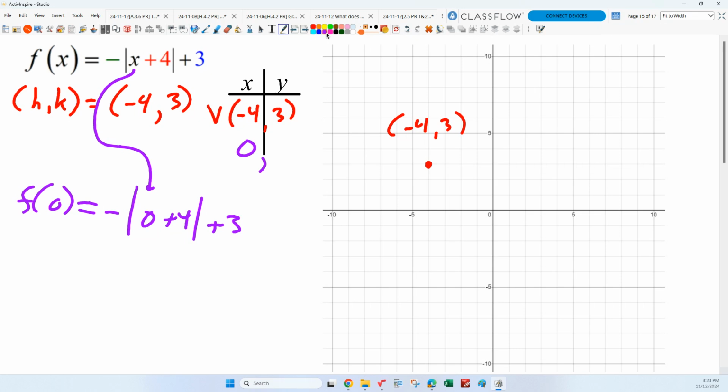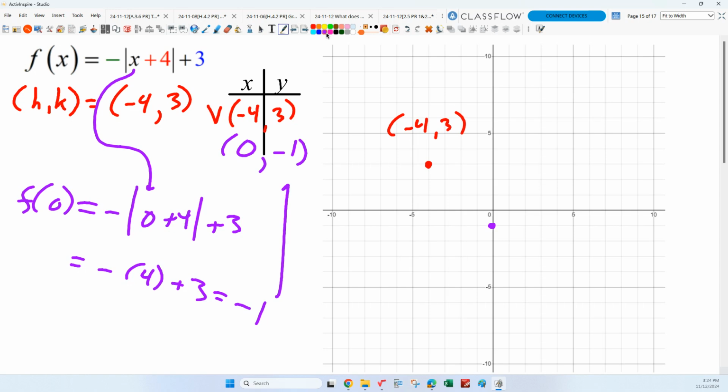What's the absolute value of 0 plus 4? 4. So that gives me negative 4 plus 3. Well, negative 4 plus 3 is what? Negative 1. So I get the point 0, negative 1.